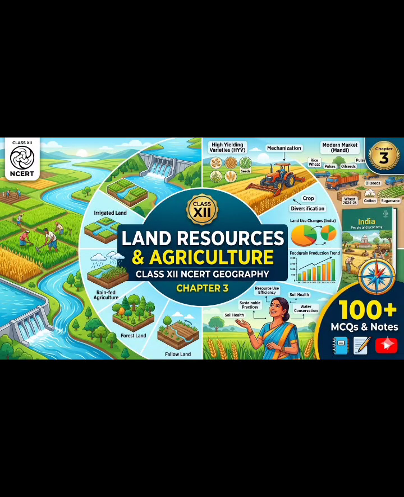Next point is land use changes in India. Land use in a region to a large extent is influenced by the nature of economic activities carried out in that region. However, while economic activities change over time, land, like many other natural resources, is fixed in terms of its area.